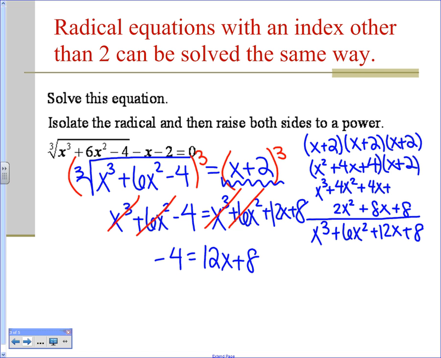Now what? Okay, 12x equals what? Okay, so let's see if it works. -1 cubed. Okay? Plus what? -4.